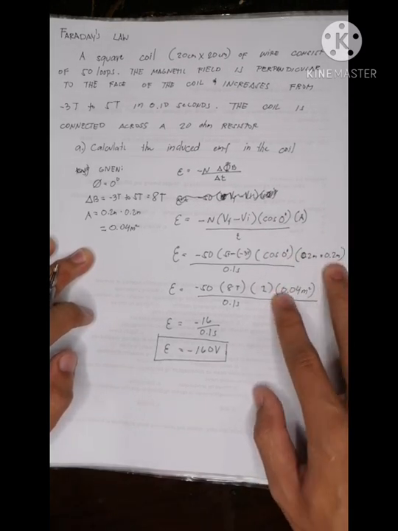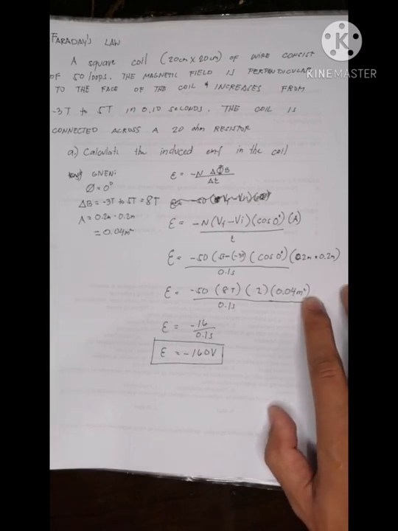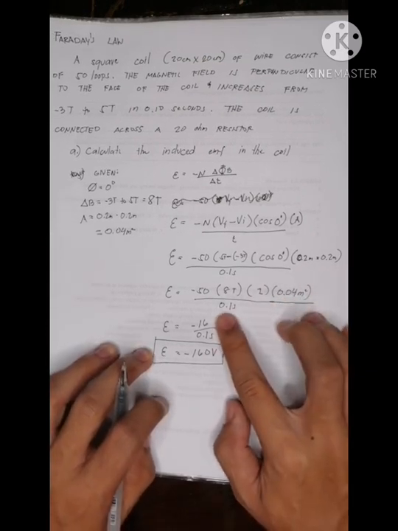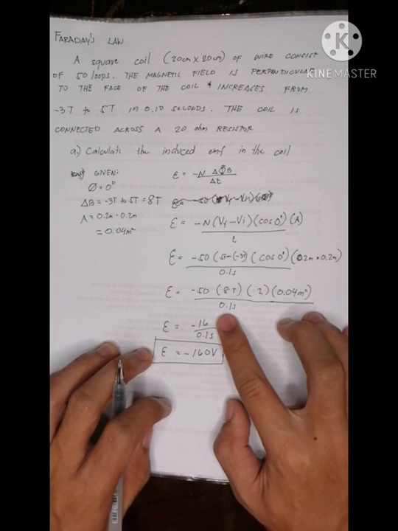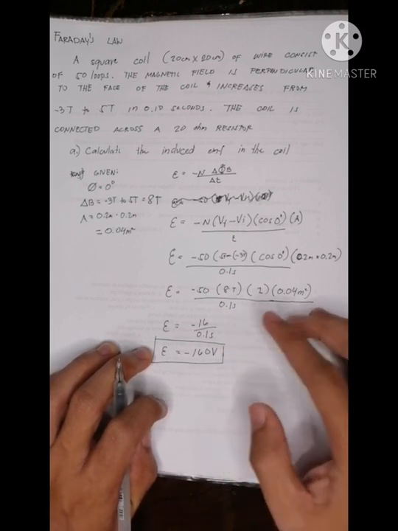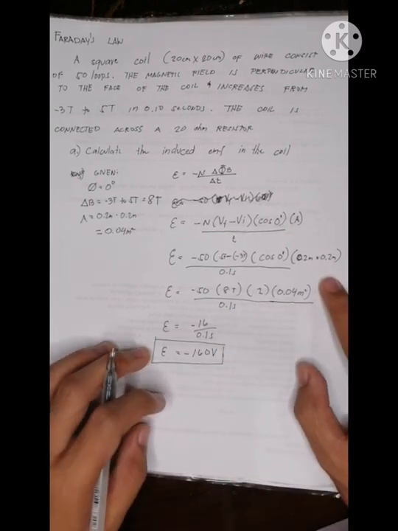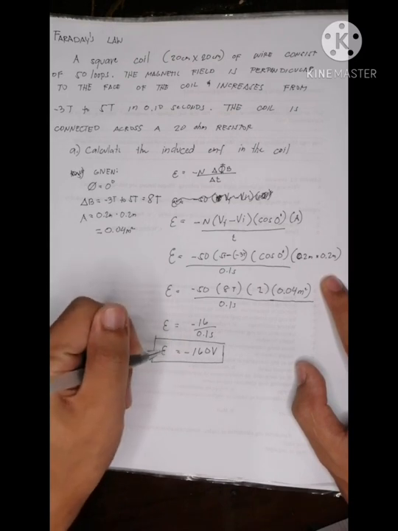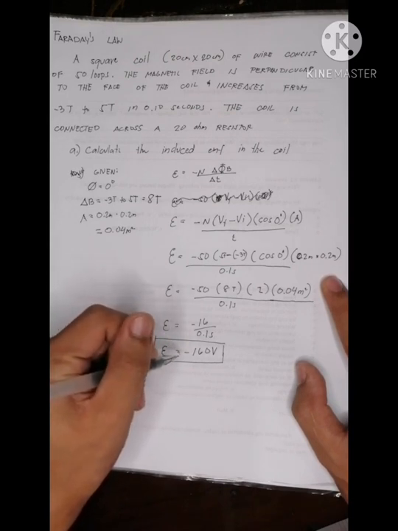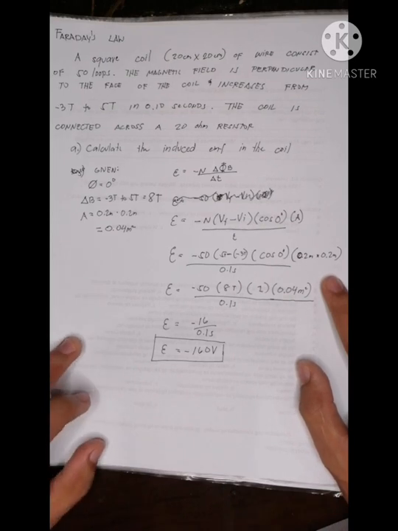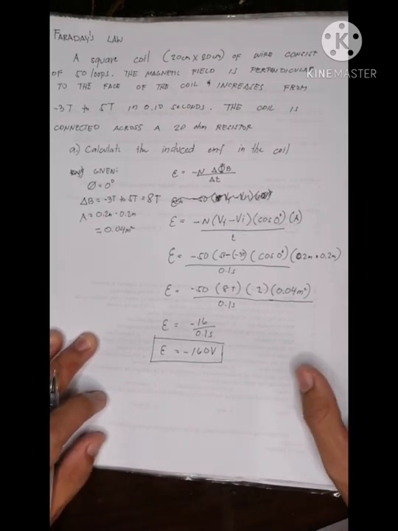Then our area is 0.04 meter squared over our time of 0.1 seconds. When we simplify, we get a total electromotive force of negative 160 volts.